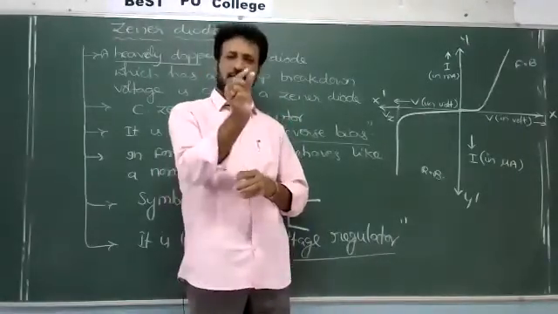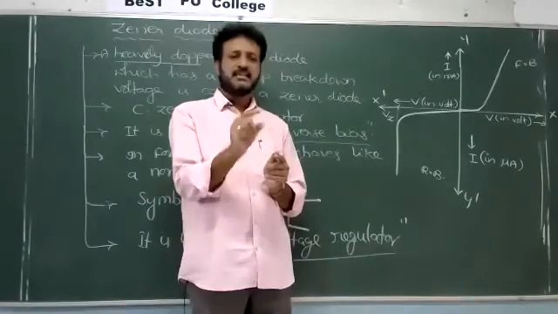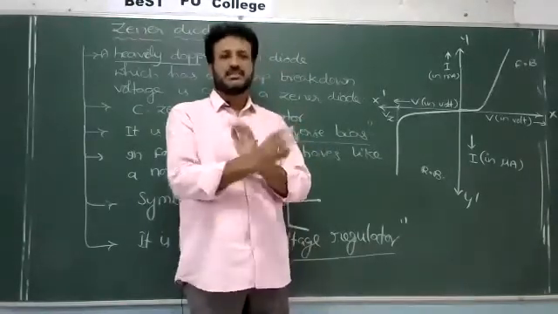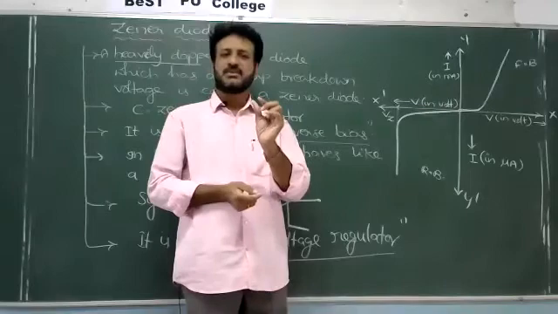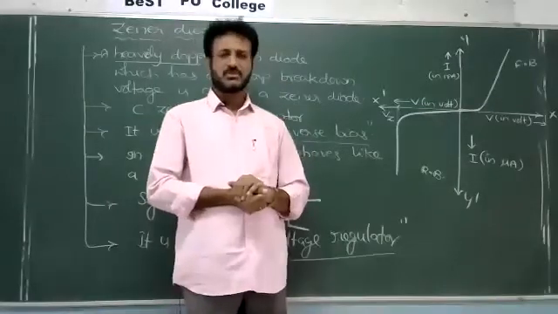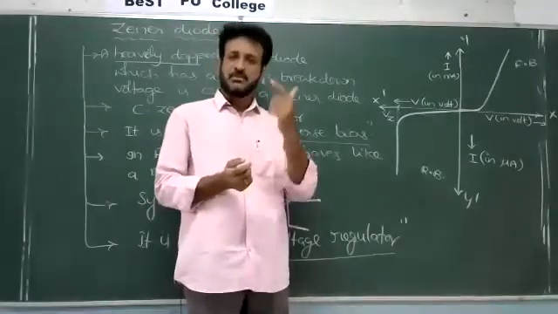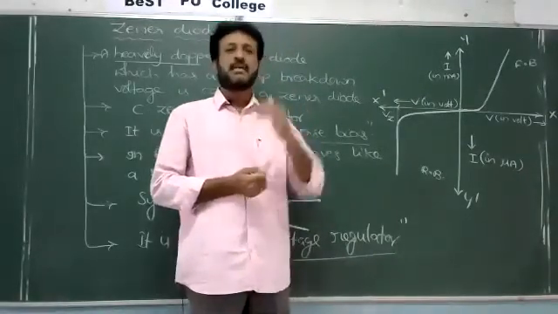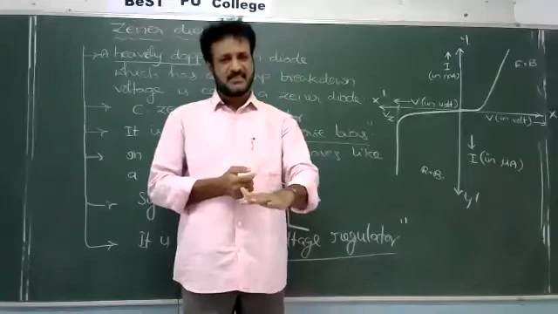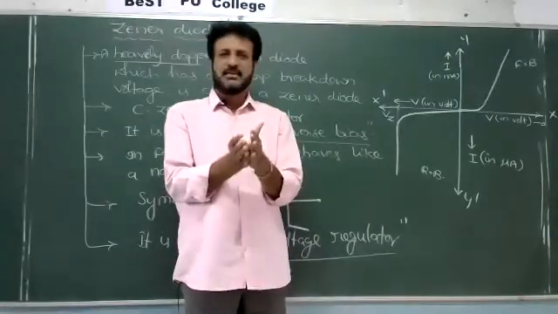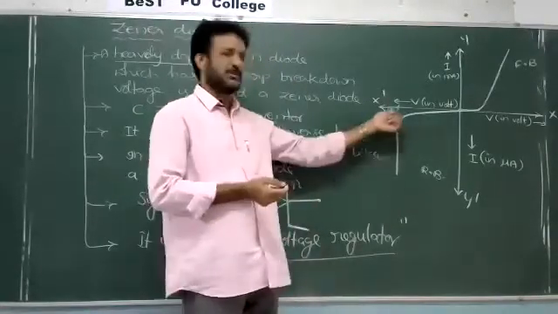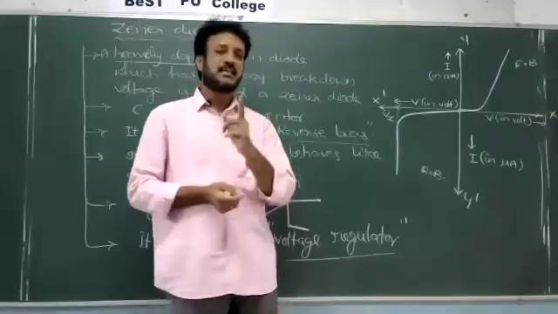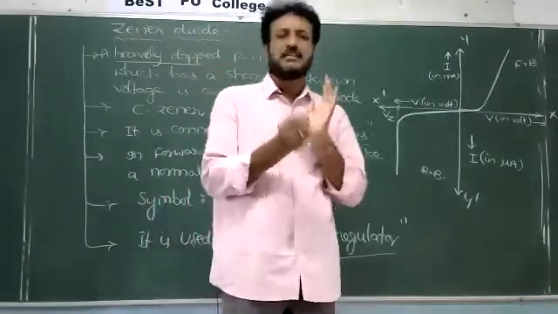When the layer is very thin, electrons and holes can easily cross the junction, and breakdown takes place at a lesser voltage. So when the amount of doping is more, the breakdown voltage will be less. At a lower reverse voltage, breakdown takes place, much current flows in the circuit, and the layer is very thin.